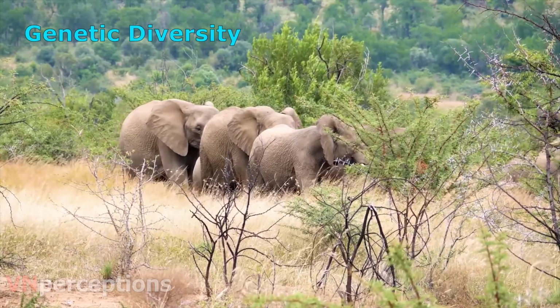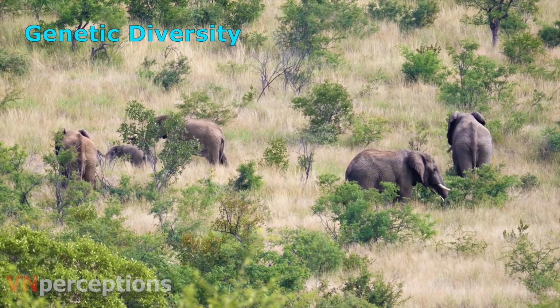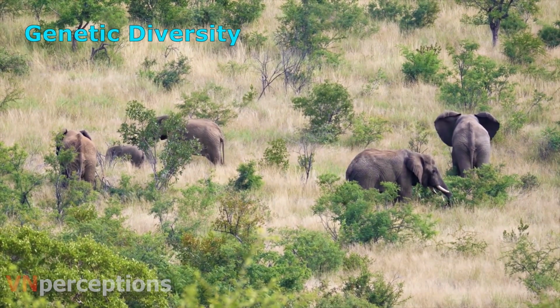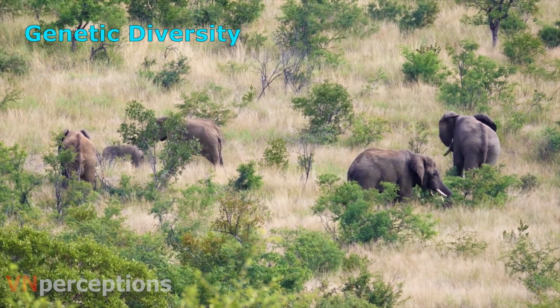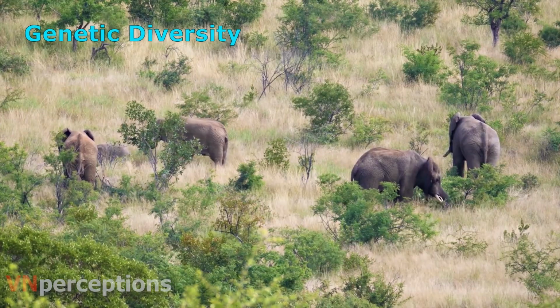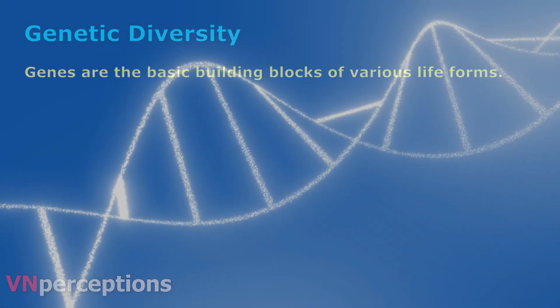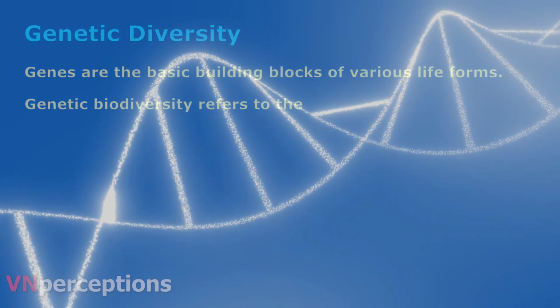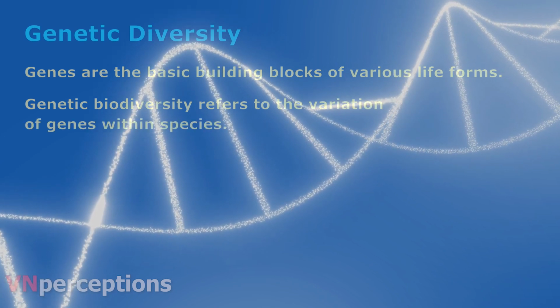When we drain species of their genetic diversity, we destroy their adaptive potential and their long-term survival will be jeopardized. So we can conclude that genes are the basic building blocks of various life forms. Genetic biodiversity refers to variation of genes within the species.